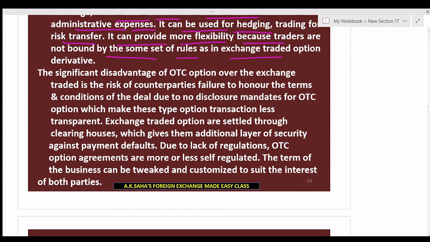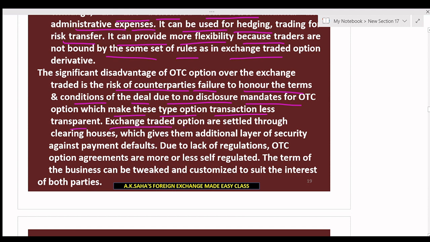The significant disadvantage of the OTC option over the exchange traded is the risk of the counterparty's failure to honor the terms and conditions of the deal, due to no disclosure mandates for OTC options, which makes this type of option transaction less transparent.